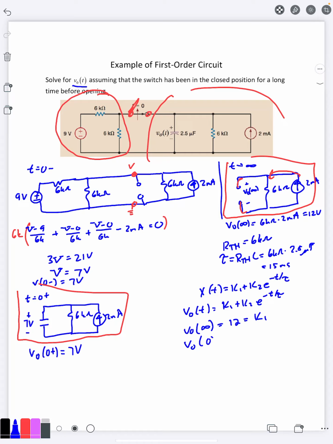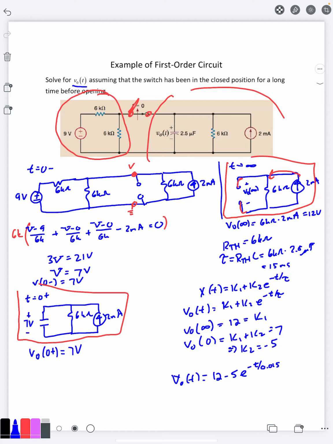We know if you plug in 0, you're going to get k1 plus k2, and plugging in 0 is supposed to be 7. So k2 is negative 5, which means our final answer then is v0 of t is 12 minus 5 e to the negative t over tau.